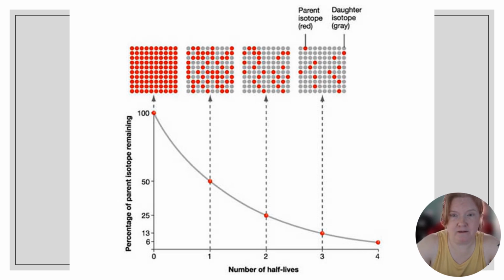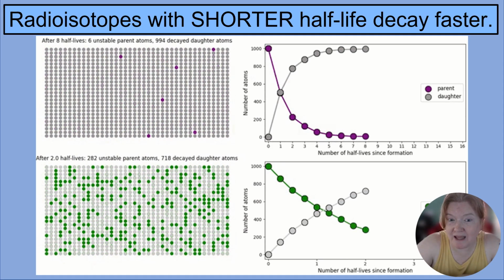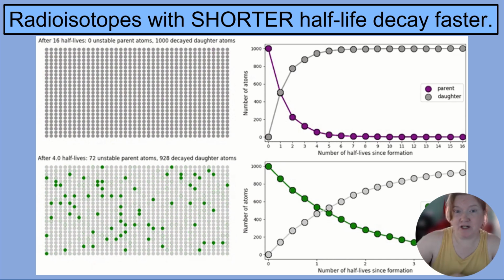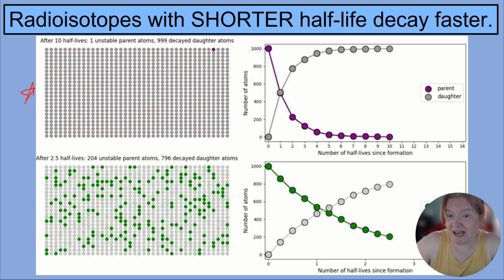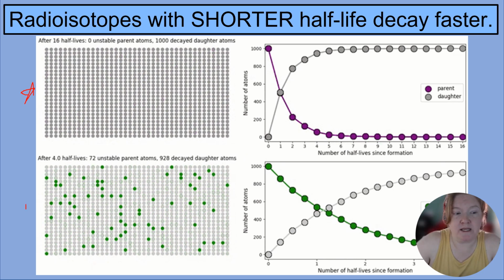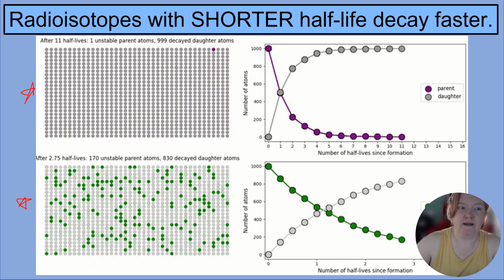Nothing is disappearing. Now, radioisotopes with shorter half-lives decay faster. So you can see this one on the top is going to decay much faster, whereas the bottom one with a slower half-life takes longer to decay.